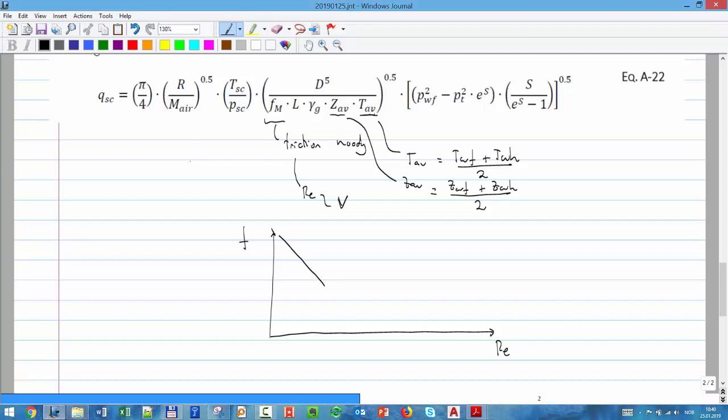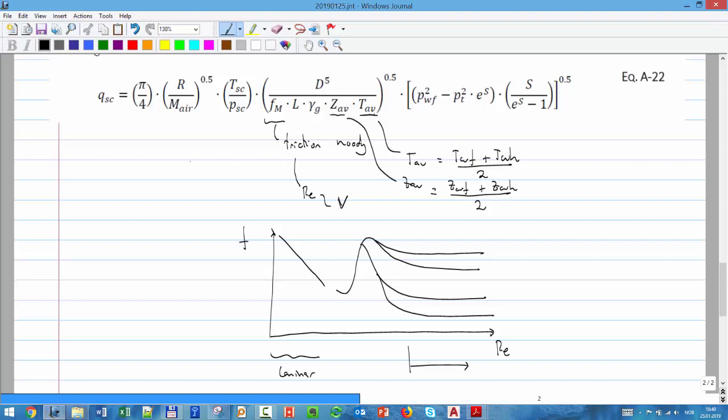First you have a range of laminar flow, and we are never in laminar flow in gas. Then we have a transition zone, and from that region on the friction factor doesn't depend at all on the Reynolds number.